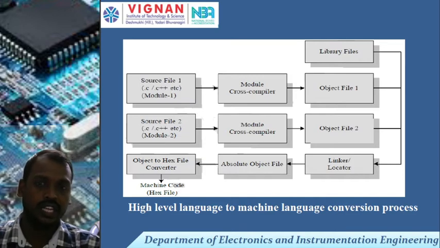Using plain C language, it cannot interface with or organize the hardware peripheral devices. But using embedded C, it will communicate with the peripheral devices. So in embedded C, the first thing we mention is #include <stdio.h>.